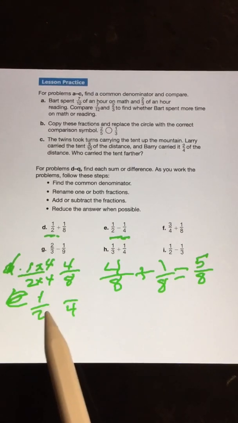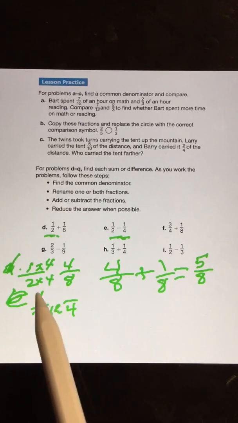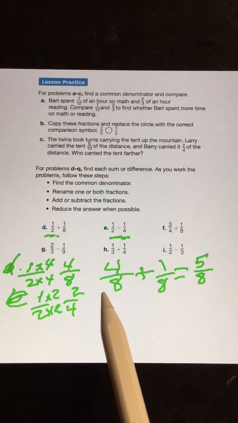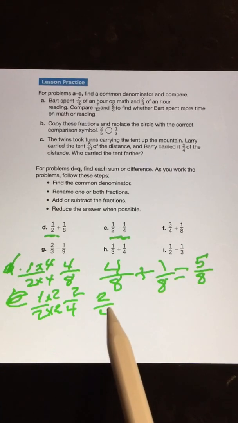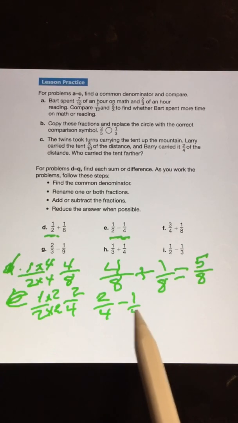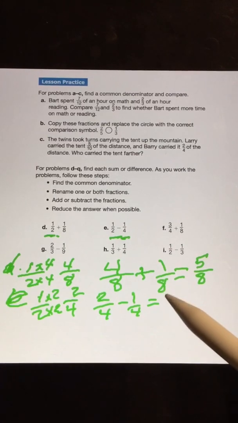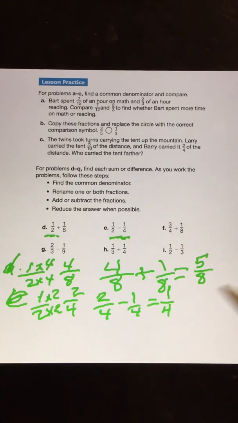All right, I know I have to multiply both of these times 2. 1 times 2 is 2. So I'm going to take 2 fourths and subtract 1/4. And what do I get? 2 subtract 1 is 1, and the denominator stays the same, 1/4.